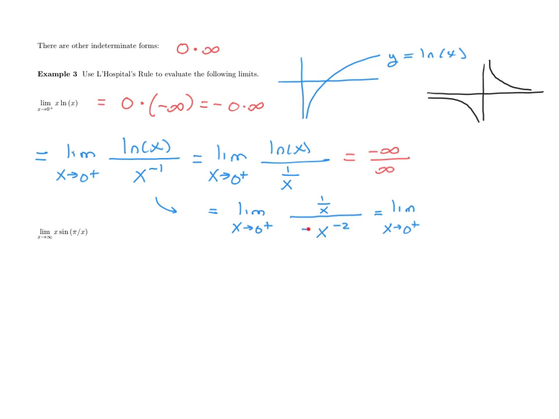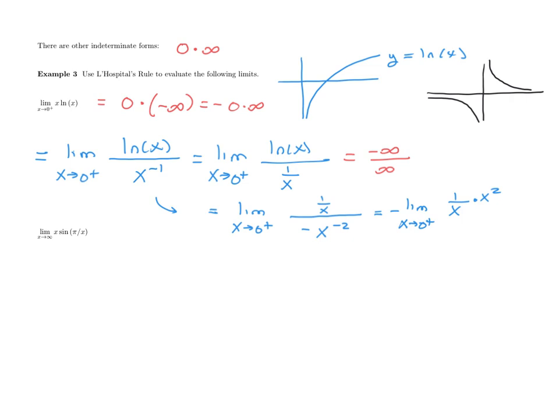I can also pull this negative outside of the limit. Here's what I end up with. Maybe I'll make just a little bit of more space for this. I'll remove the constant, which is the negative, from the limit. I have 1 over x in the numerator. I'm bringing this whole thing to the top, so it's x to the +2. The entire denominator is now a 1, which means I don't have to write it. We have this.